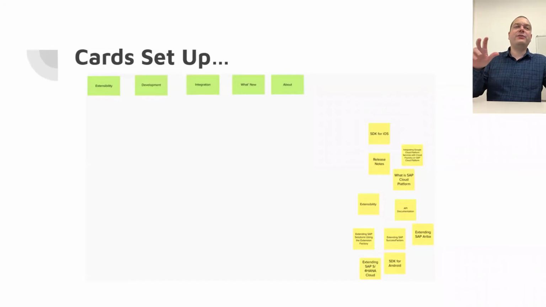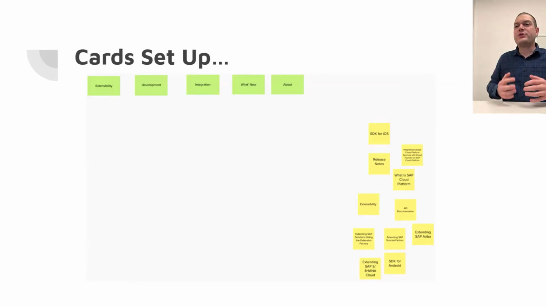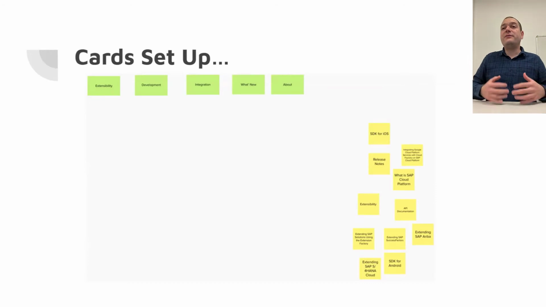These are the high-level categories that you imagine could be used to structure and bundle the different user guides you have prepared. And on the right-hand side with the yellow small cards, you have written down the actual titles of the different information deliverables that need to appear on your documentation page.